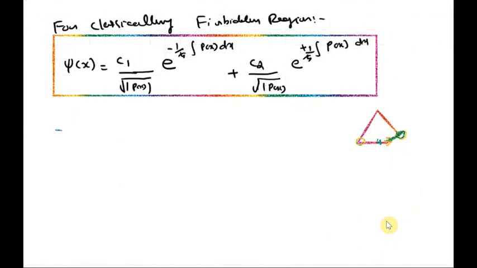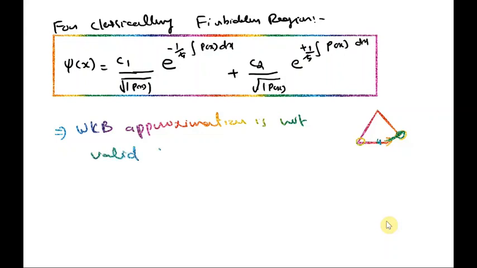In fact, we can write it as a separate point: the WKB approximation is not valid at the classical turning points.